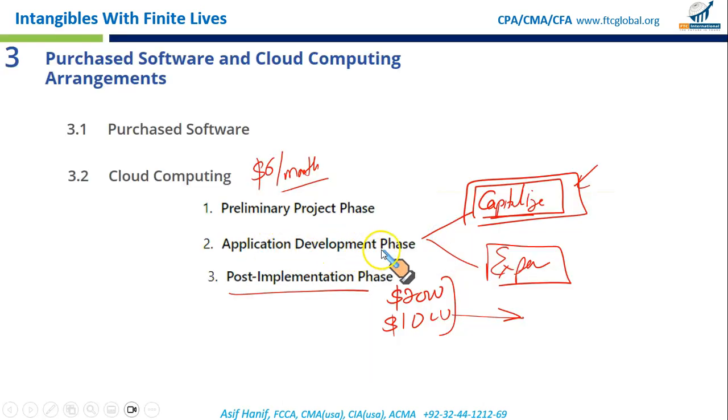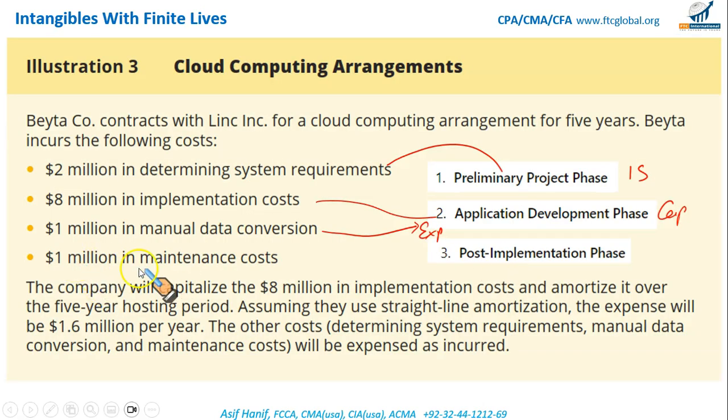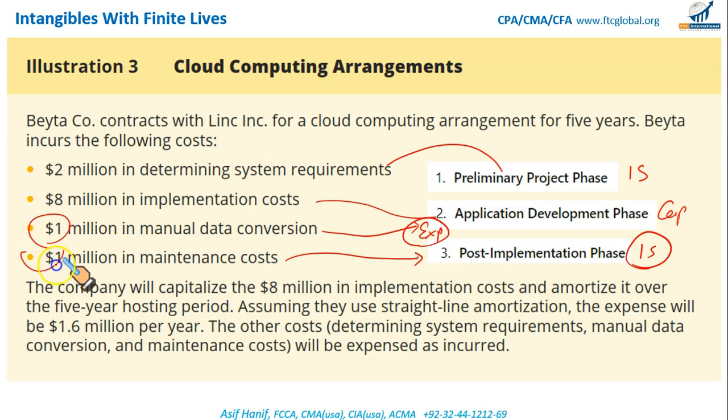Within the application development phase, we have certain costs to be expensed, and this is one of them. Then we have $1 million in maintenance cost, it's a post-implementation cost, it gets expensed to the income statement. So this is an income statement item, this one, and this one.